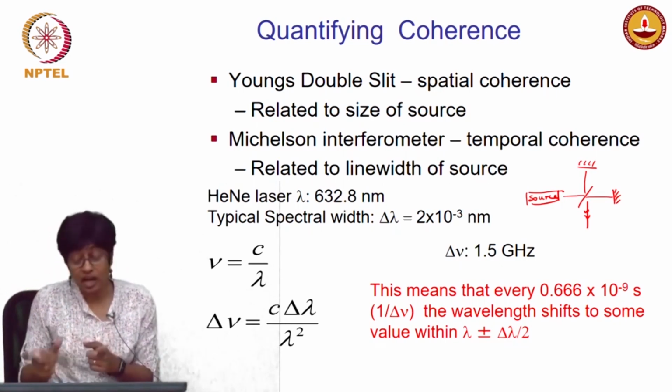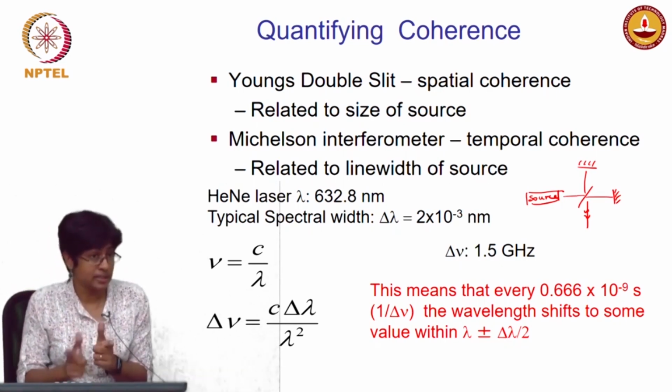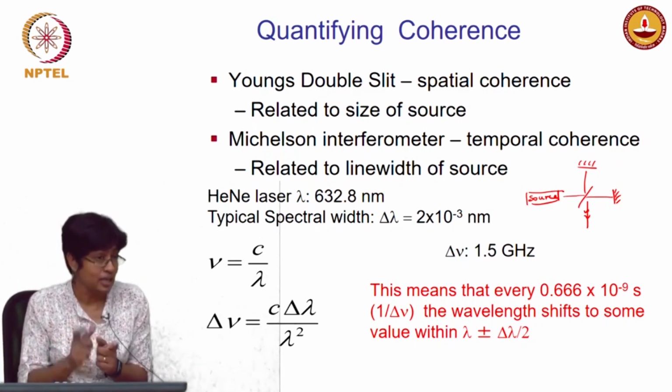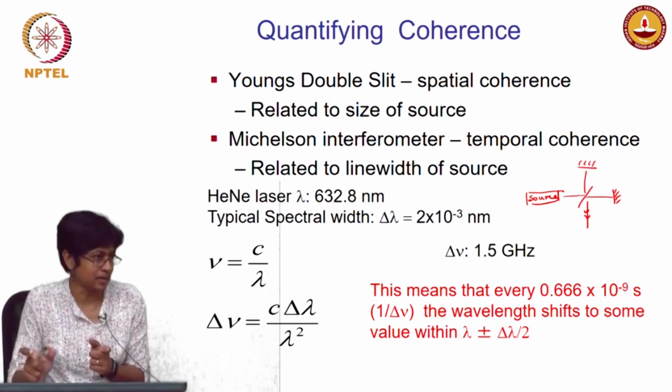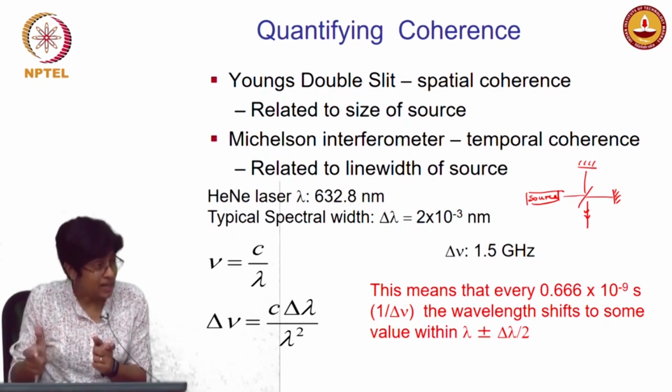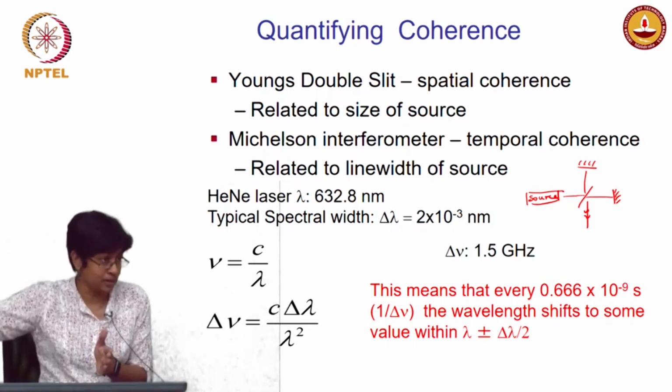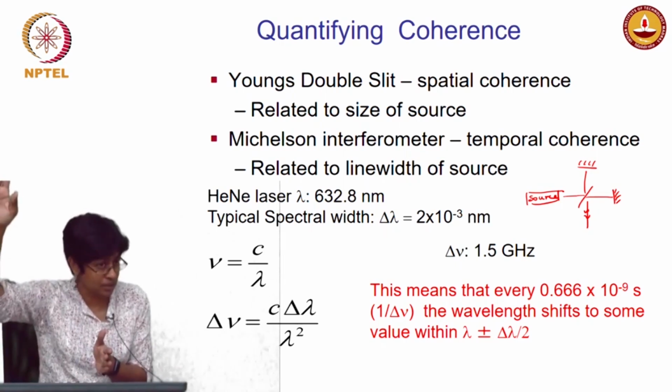What happens after this 0.6 times 10 to the power minus 9 seconds? That source now starts emitting at a different lambda. What lambda? It's not emitting at 400 nanometers, not at 1000 nanometers.